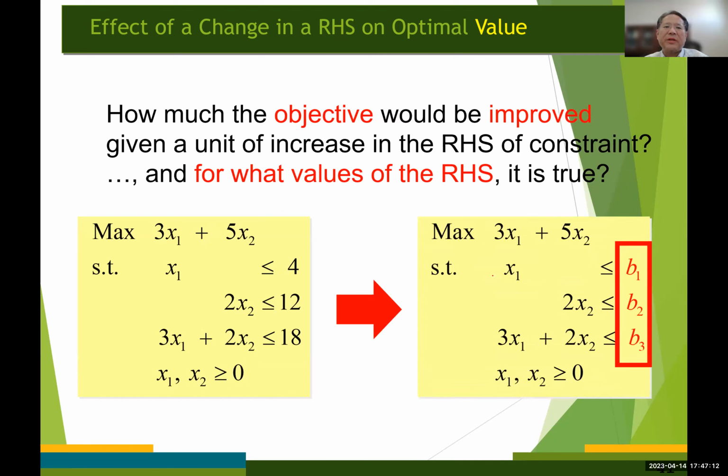Okay, so like we did last time, here, let's say B3 is the available production time at plant number 3. So the current value of B3 is how much? 18. Now we will see the effect of change in the value of B3 on the current optimal objective function value.